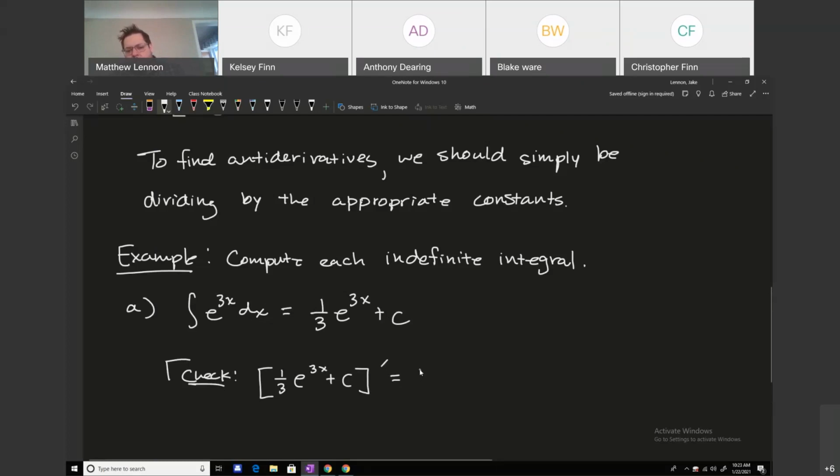The derivative of the first part would be 1/3, and then we use the derivative rule for e to the 3x, which is 3 times e to the 3x, which just leaves us with e to the 3x, which was the original function we were trying to integrate. So the check does work. So it looks like that rule is effective for the first form of the exponential function, the continuous form.